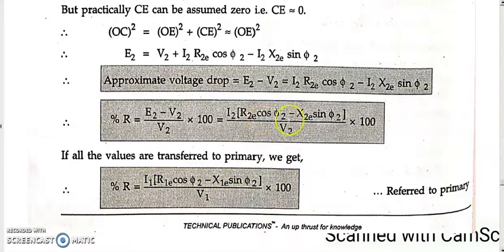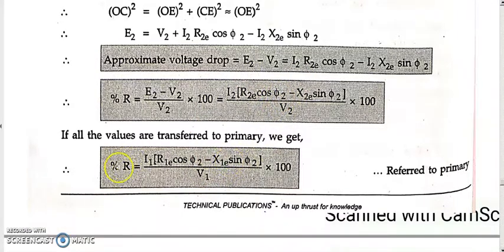But this is anyhow regulation with respect to load only, no? So I need to consider the power factor phi 2, not phi 1. So this is the formula we have when referred to the primary. Everything remains same, cos phi 2 sin phi 2, everything is same. Only what changes is I2, R2, X2 and V2.